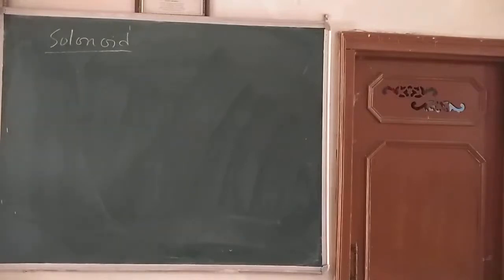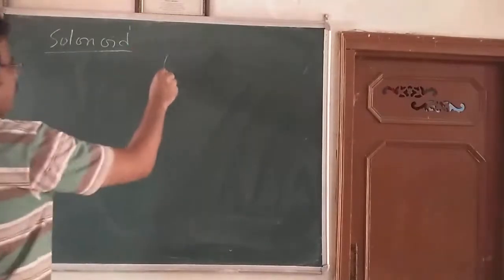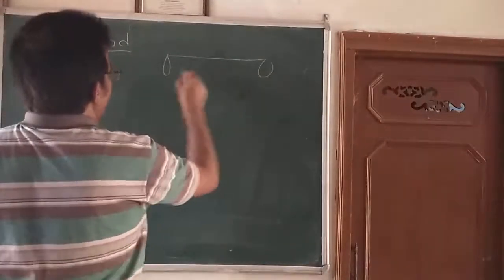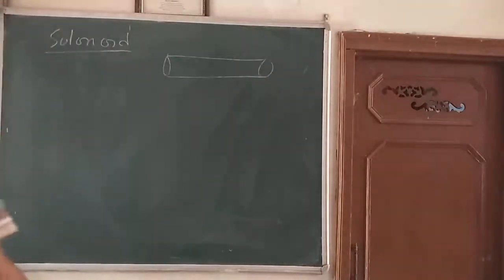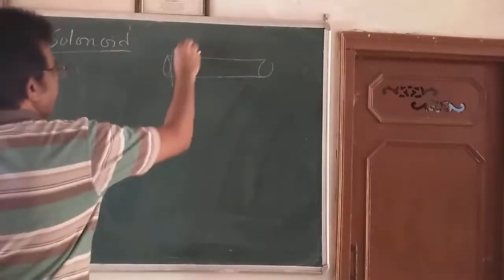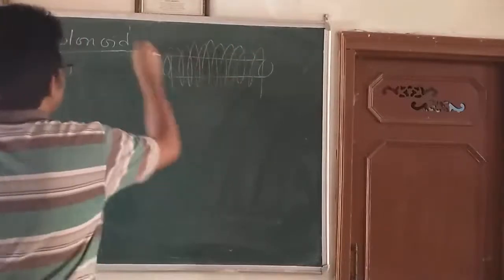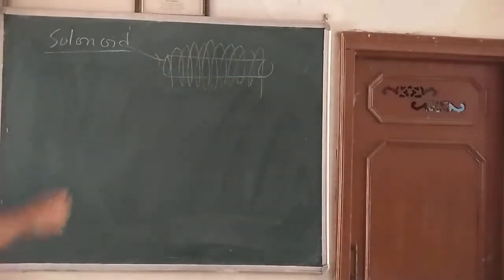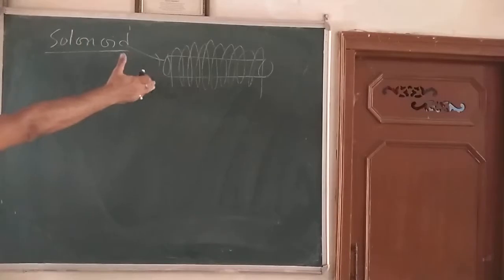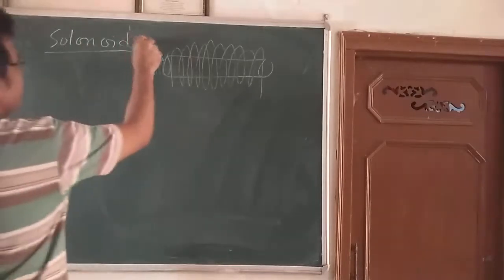So dear children, I can say here, suppose I have a cardboard or a plastic tube, something like this, and a copper wire is wound like this. This device, the solenoid, is a long cylindrical helix.